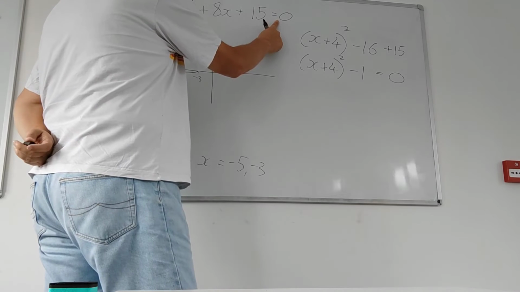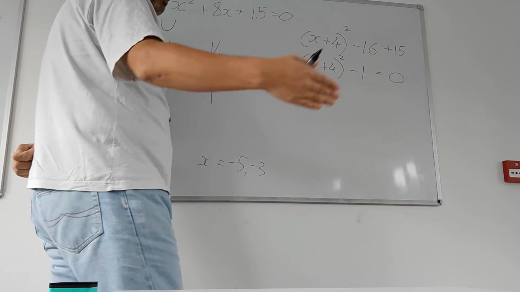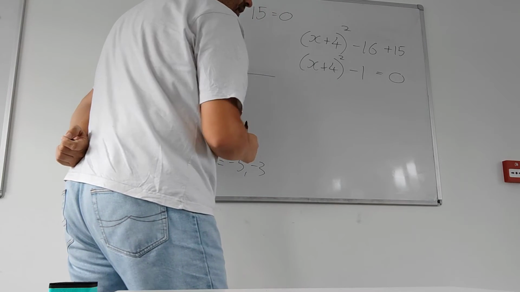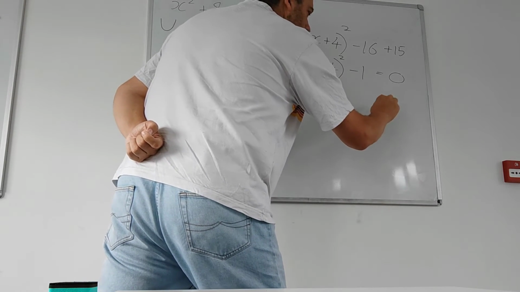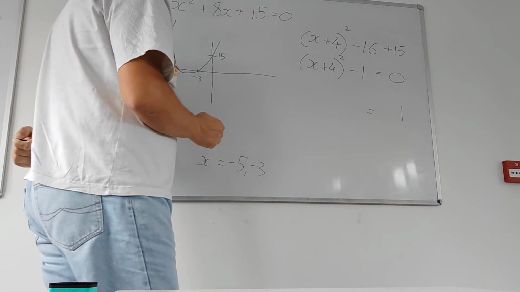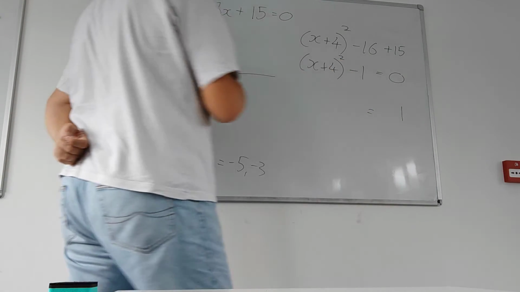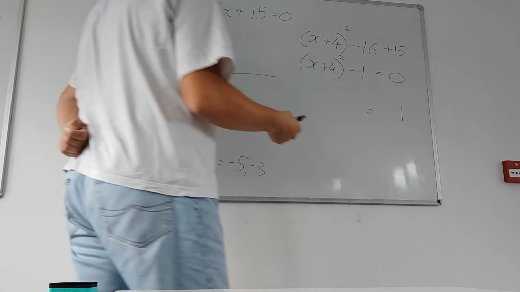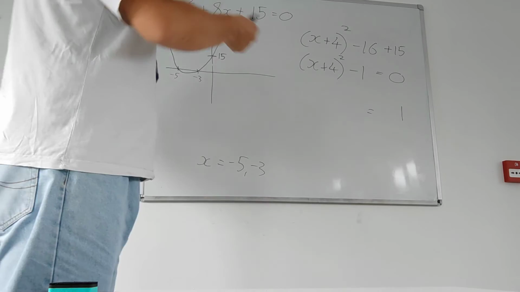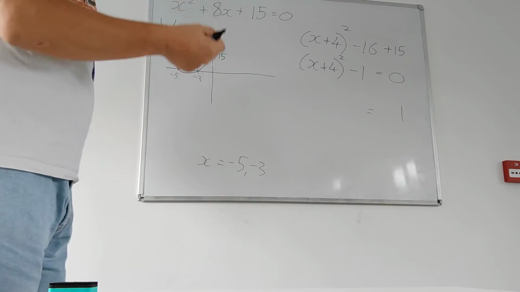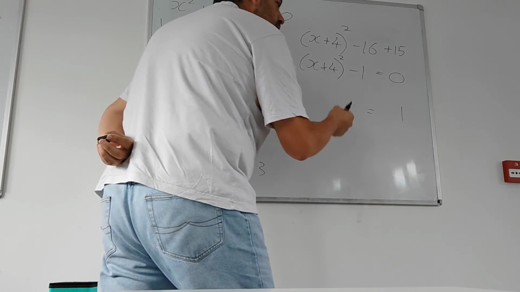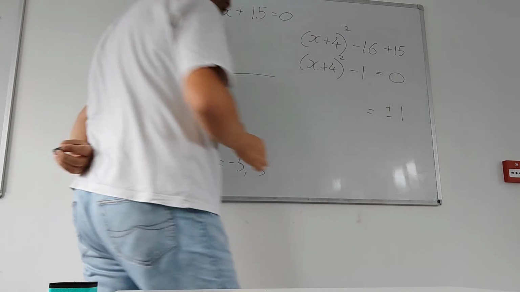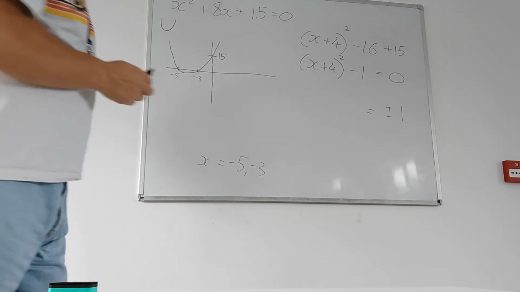You bring in the equal to 0, and the method I explained to you was do opposites working right to left. So opposite of -1 is add 1. Opposite of squaring is square root. What is the square root of 1? 1. But don't forget there's always 2 square roots. So the square roots of 1 are plus and minus 1.